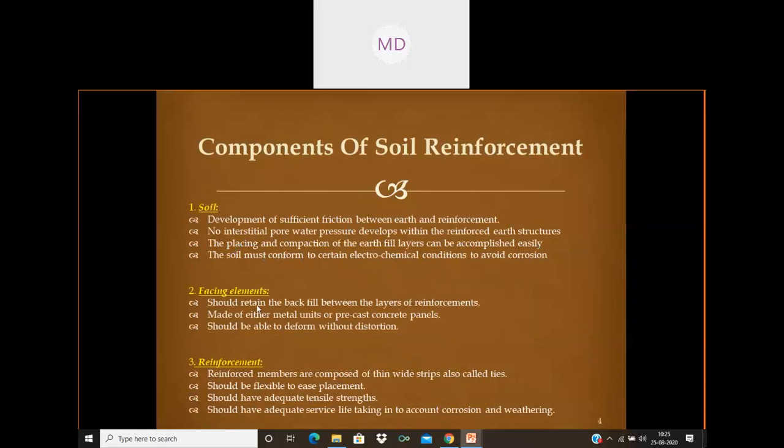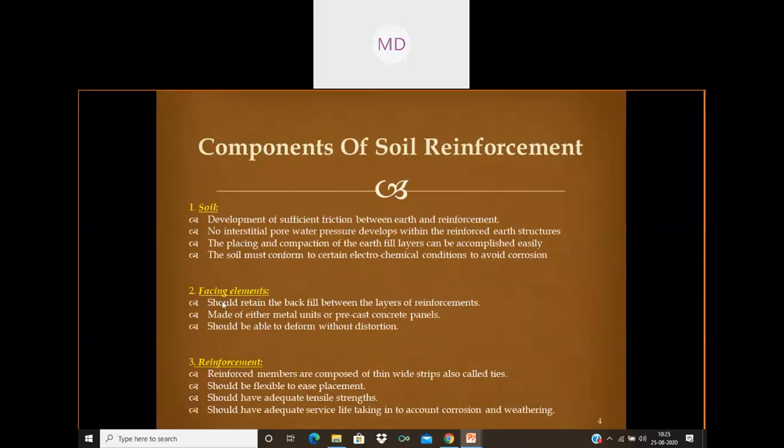Then the facing element is a component of soil reinforcement. The facing element is the main part or main structure to which the remaining reinforcements are connected.